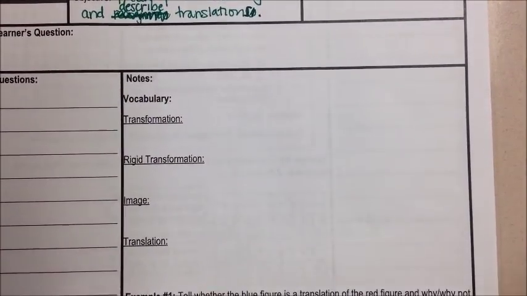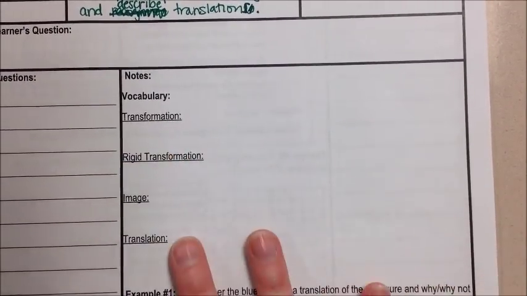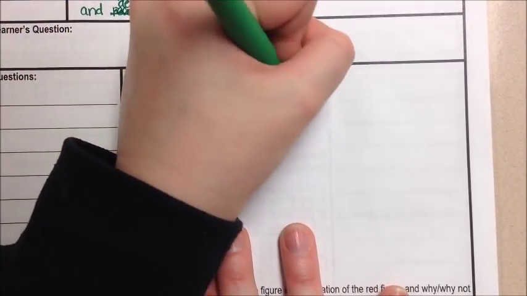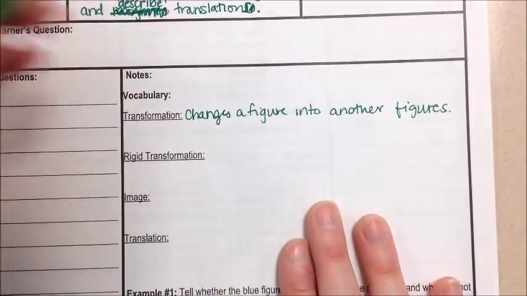So before we can talk about what a translation is, we need to talk about a transformation. A transformation changes a figure into another figure. Okay, it transforms the figure.